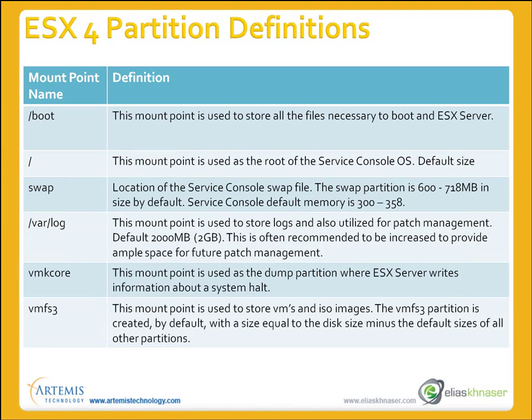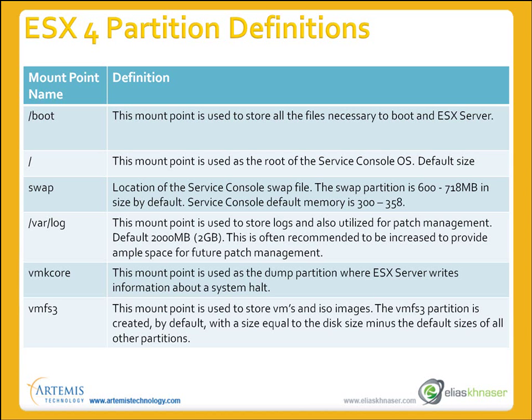However, the first thing we're going to do post install is change the service console memory from the default up to the maximum, which is 800 meg. So our swap file is going to become 1600 meg, because we double what the service console memory is allocated, which is going to be 800 meg.